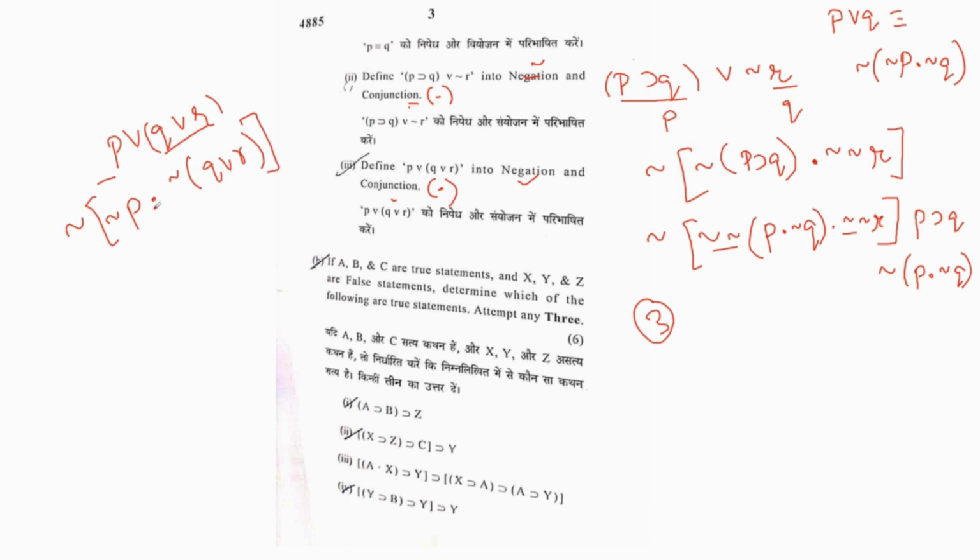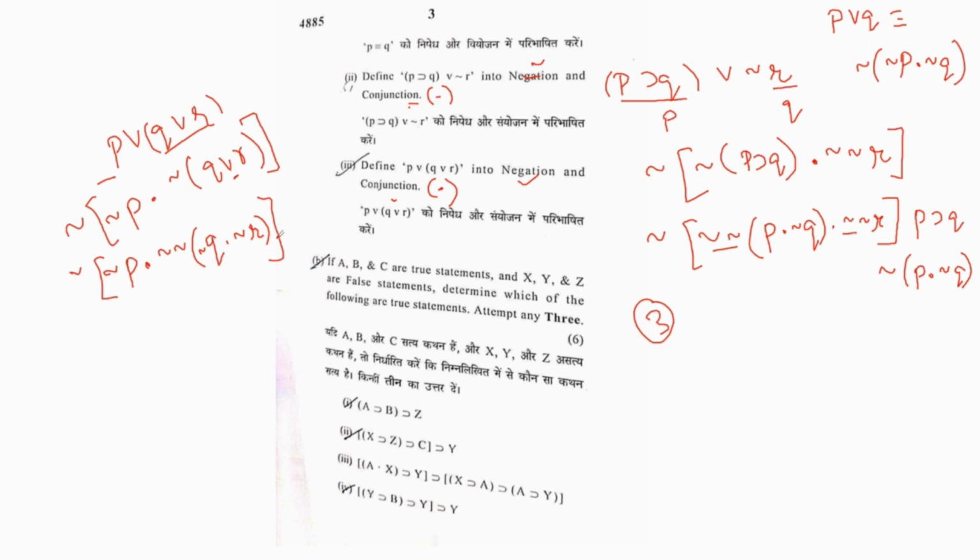We already have dot, and the wedge you have to change. So it will be negation of P dot, and then negation Q with negation dot negation R. This is the solution.